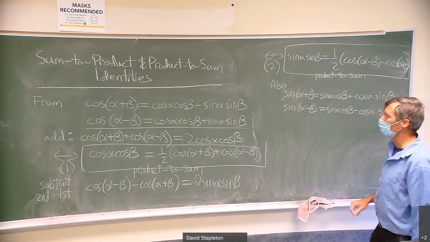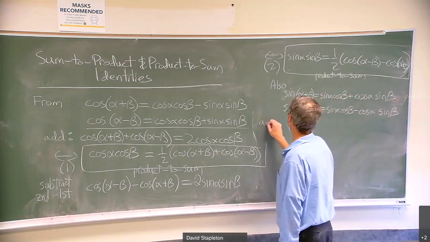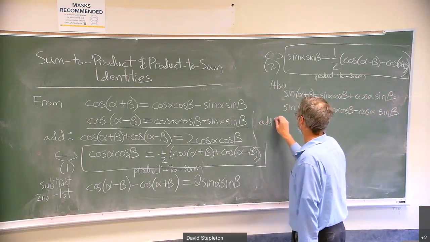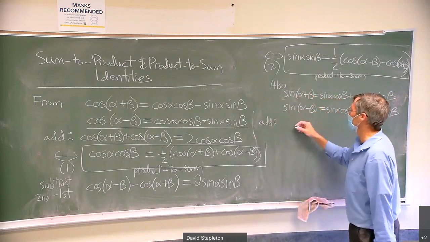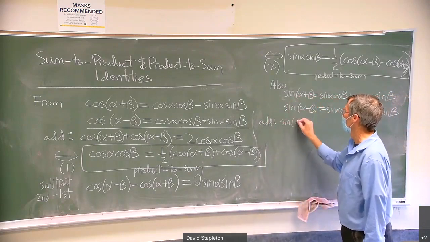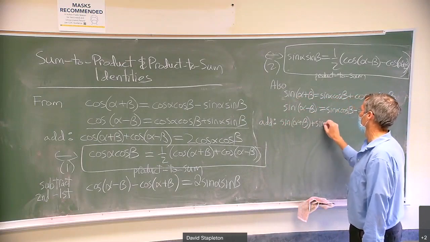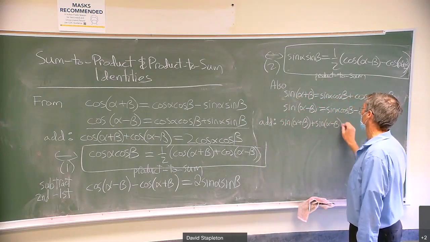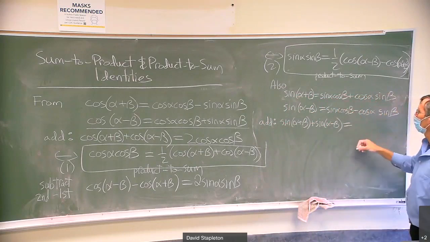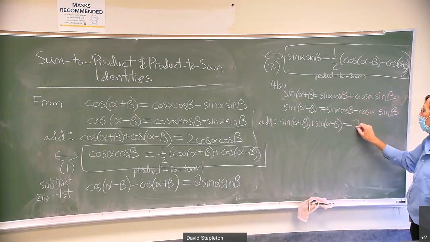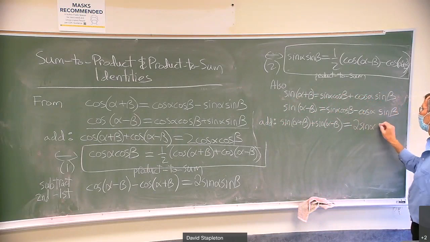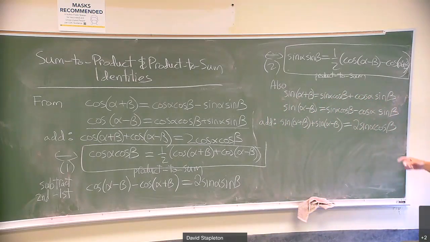And we do the same as before. Suppose I add these. Then I get this plus this on the left, sine alpha plus beta plus sine alpha minus beta. On the right, these two reinforce each other. You get two of them, 2 sine alpha cosine beta, but these cancel, and you just get this equation.